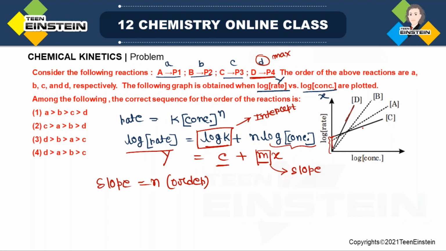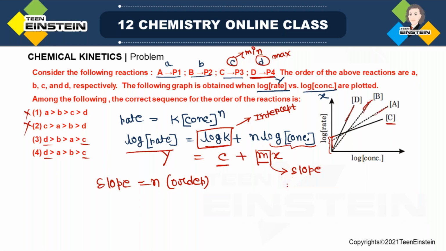And which one is minimum? It is c, because this line is almost close to the x-axis. Now d at first, c at last. If that is the case, then we can easily cancel the others because in both options 3 and 4, d is maximum and c is minimum. Now among a and b, b is steeper compared to a.